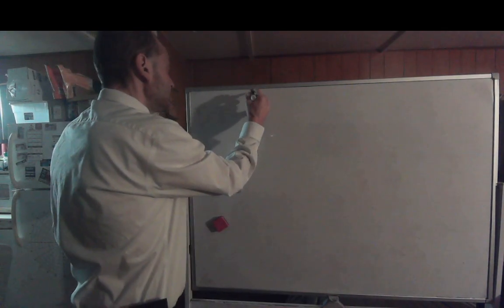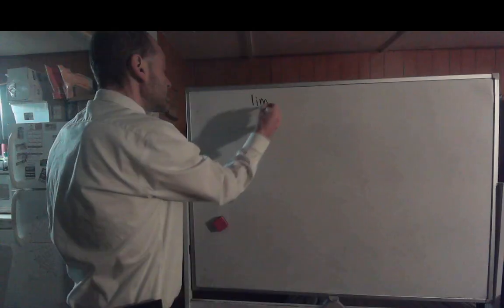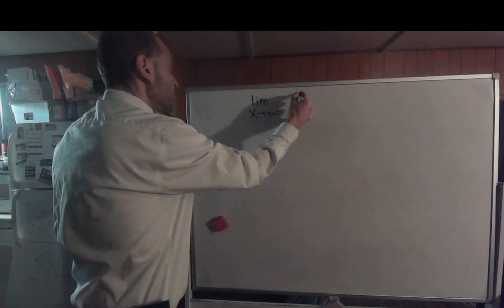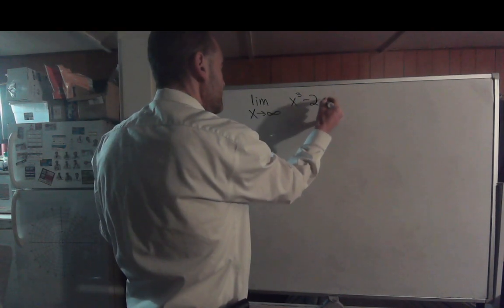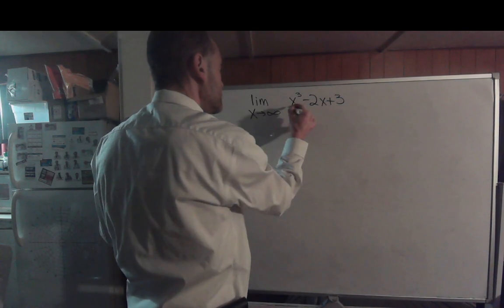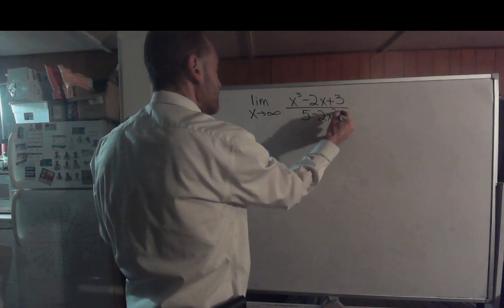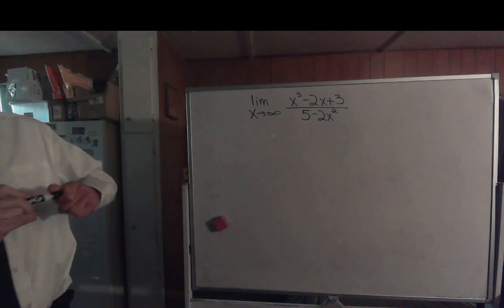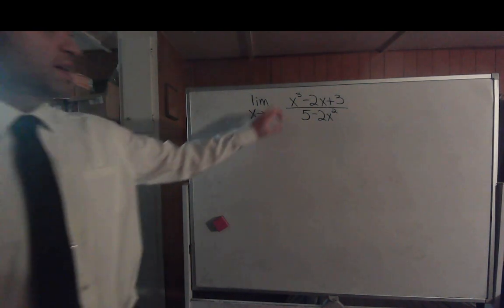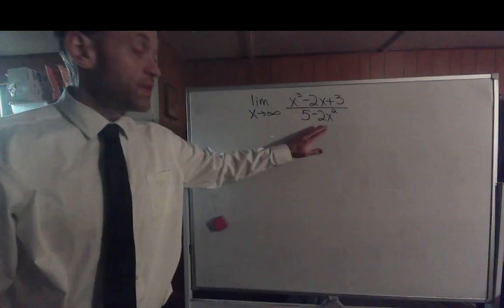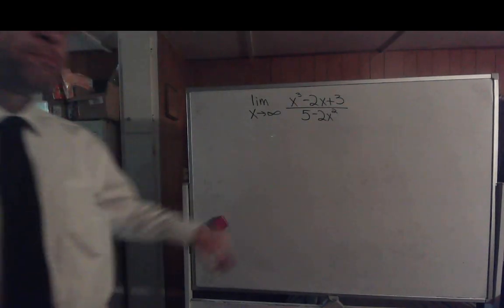All right, the limit as x approaches infinity of x to the 3rd minus 2x plus 3 divided by 5 minus 2x squared. So we have the limit as x approaches infinity of x to the 3rd minus 2x plus 3 all over 5 minus 2x squared.